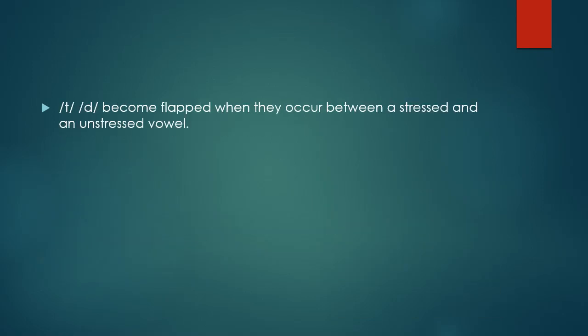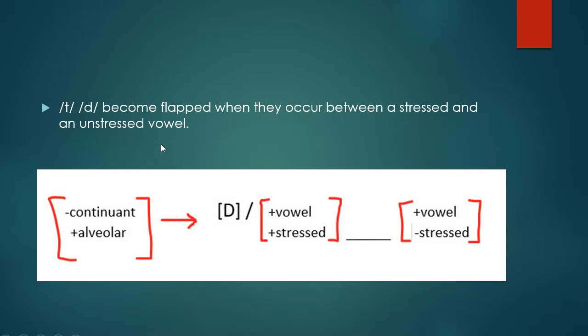So let's go back for you to see this. For example, in this one, we have the flap rule. It says that t and d become flapped when they occur between a stressed and an unstressed vowel. So t and d are represented this way. Remember that minus continuant, because they are stop sounds, and plus alveolar, they are alveolar sounds. This arrow means becomes. These two sounds become flapped when they are in the environment of a stressed vowel and an unstressed vowel.